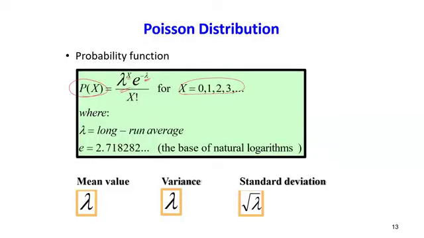So we just need two parameters: one is lambda, the second is x. e is known to us. It is the base of the natural logarithm, which is 2.71. It is a static number. So we just substitute those values and we can calculate the probabilities.